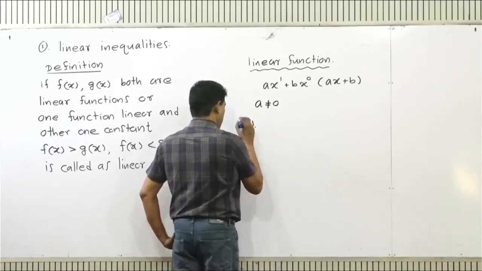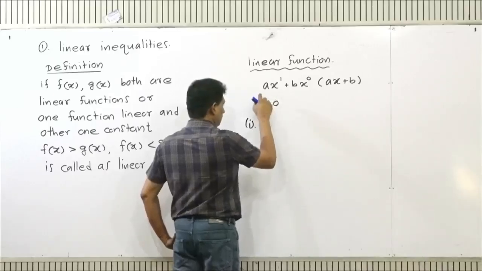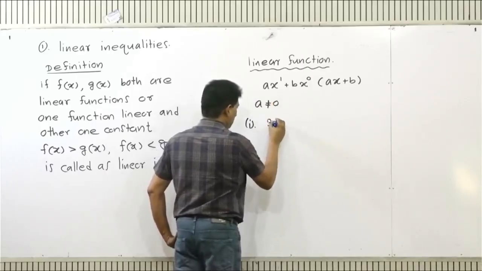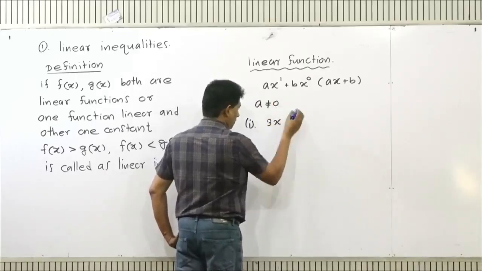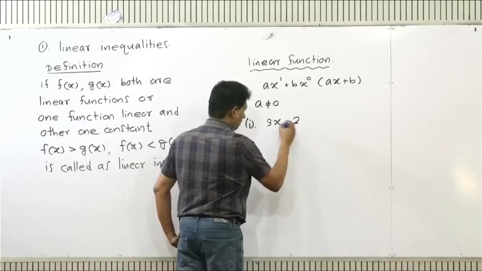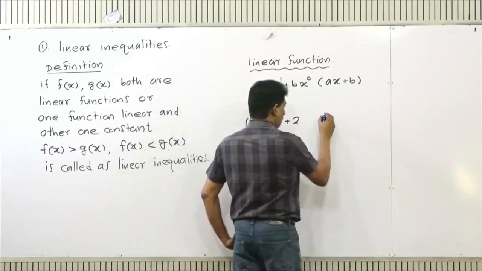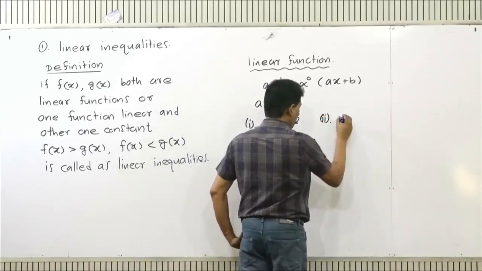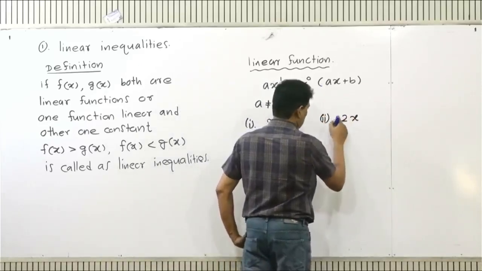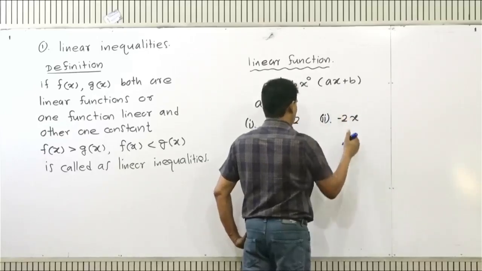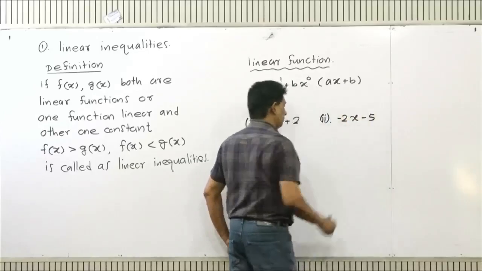Then we can write a few examples. We can substitute for a 3, then 3x. If we substitute for b 2, then 3x plus 2. If we substitute for a minus 2, then minus 2x, and we can substitute for b minus 5.